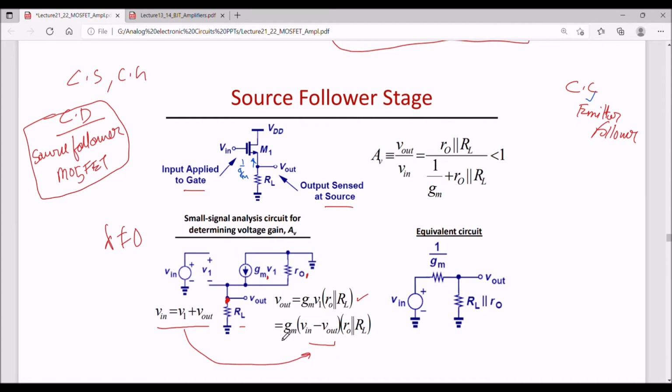So one can write down Vout is this much. From here one can find out Vout by Vin, and I get Vout by Vin as this much. And this is always less than 1, this product, because 1/gm is also adding up here. So this is always less than 1.